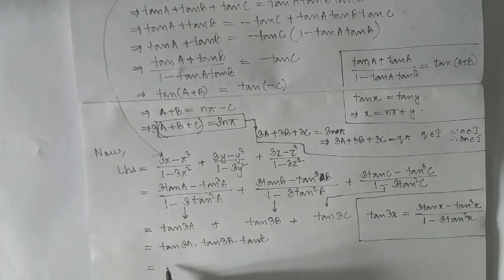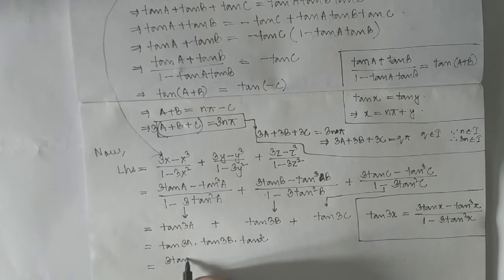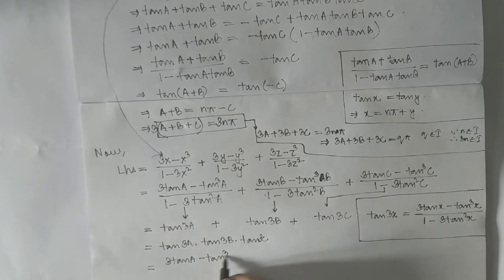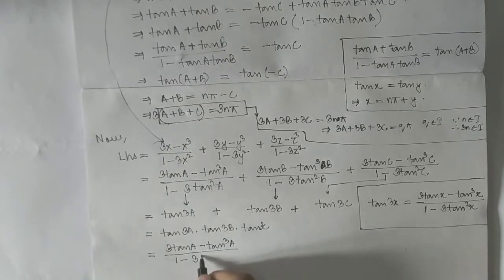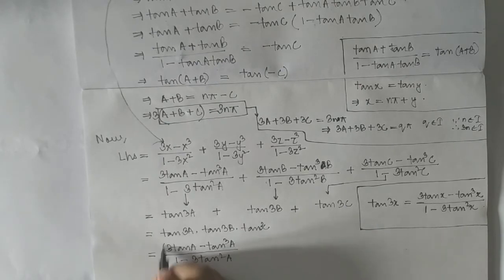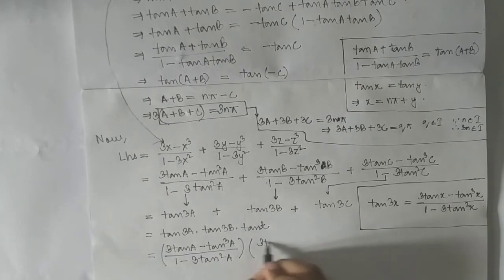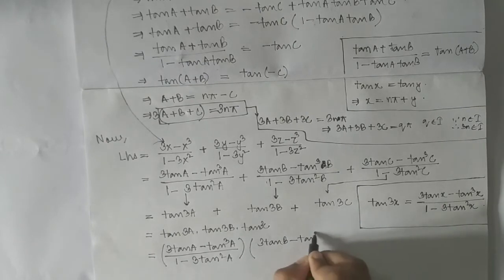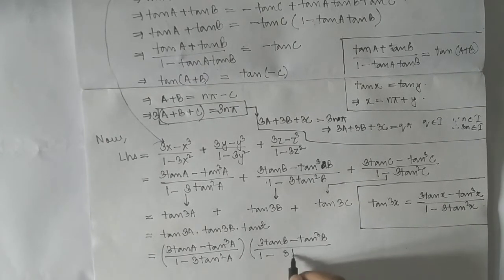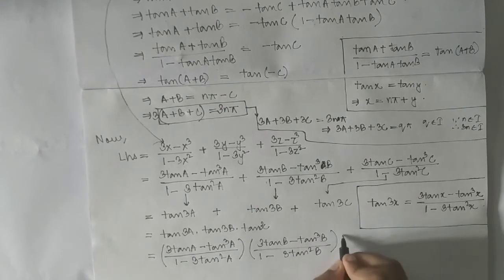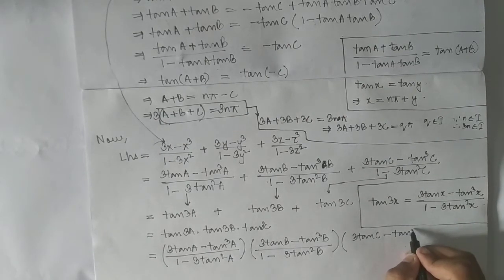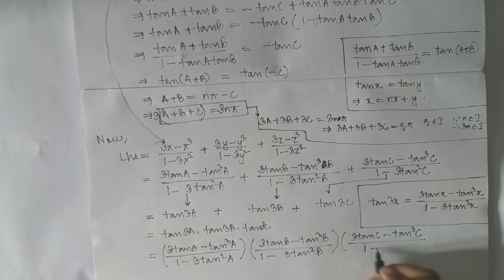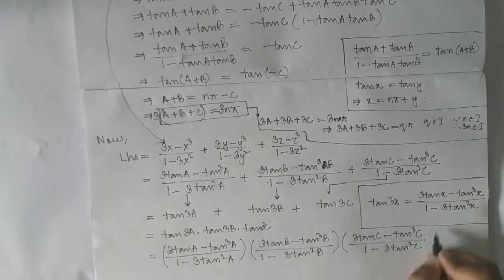So I can substitute this with its formula, that is (3 tan A minus tan cube A) divided by (1 minus 3 tan square A) into (3 tan B minus tan cube B) divided by (1 minus 3 tan square B) into (3 tan C minus tan cube C) divided by (1 minus 3 tan square C).